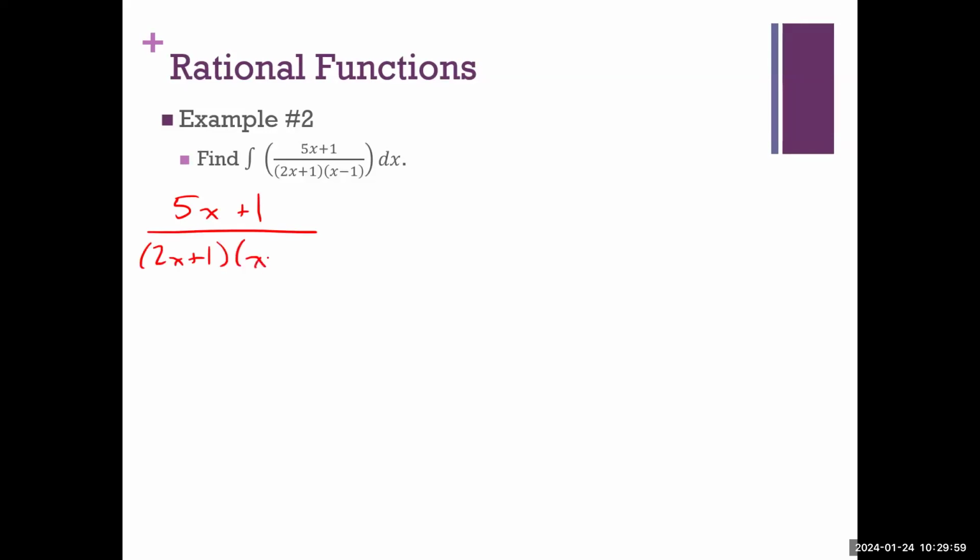It is these factors, right? So this equals hopefully some constant over 2x plus 1 plus some constant over x minus 1. So are we okay with that starting place, first of all?